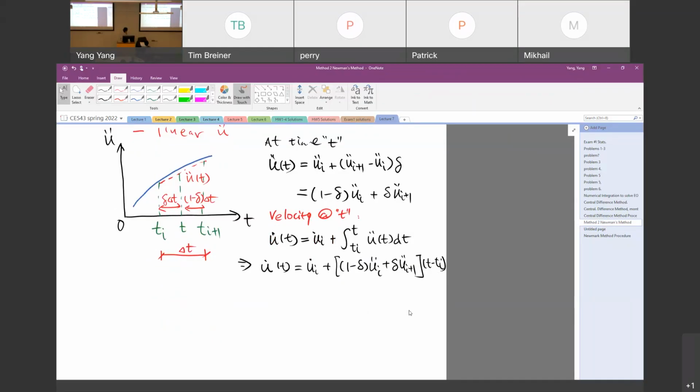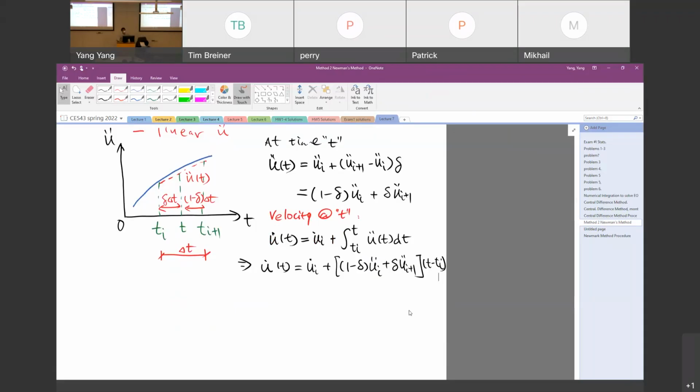In this case, we can express the velocity at time t in terms of the velocity at Ti and the acceleration at Ti and Ti plus one.